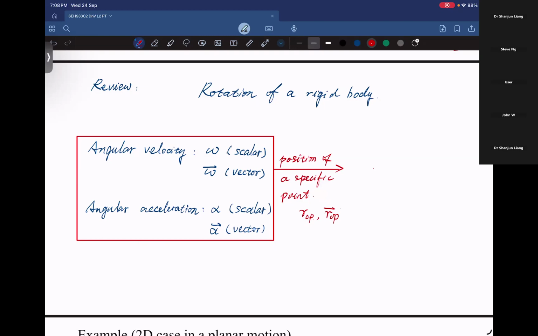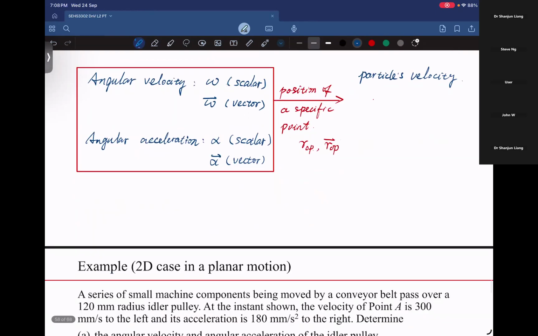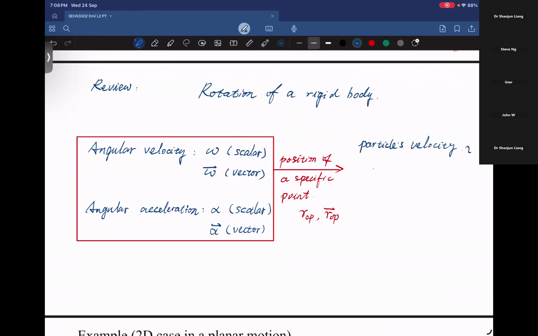So we find this particle's velocity, right? It can be VP as a scalar, the velocity of P as a scalar, or if we use a vector method, it can be VP as a vector, right?